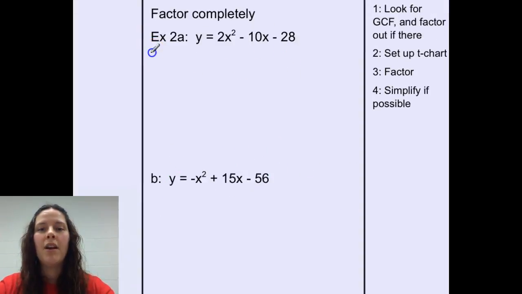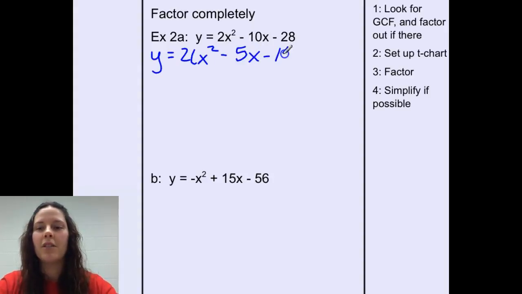Next example, all three terms have a common factor of 2, so I'm going to start by dividing out my 2, leaving me with x squared minus 5x minus 14. What's inside has an x squared term and looks like a t-chart. What multiplies to a negative 14 and adds to a negative 5.